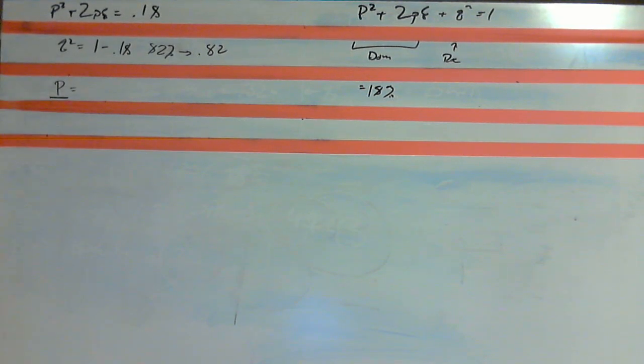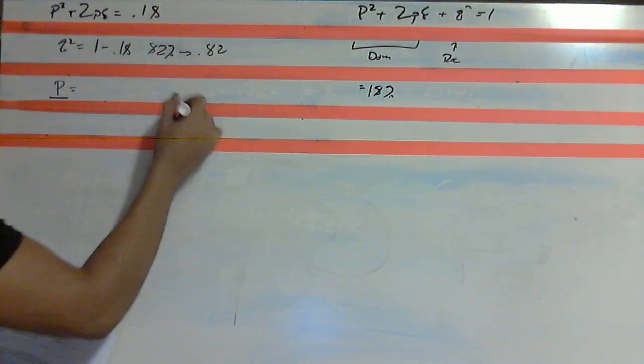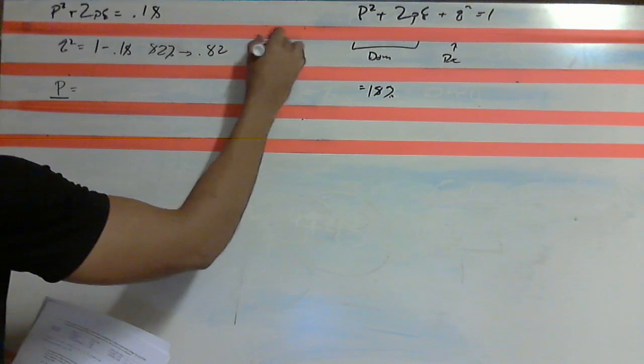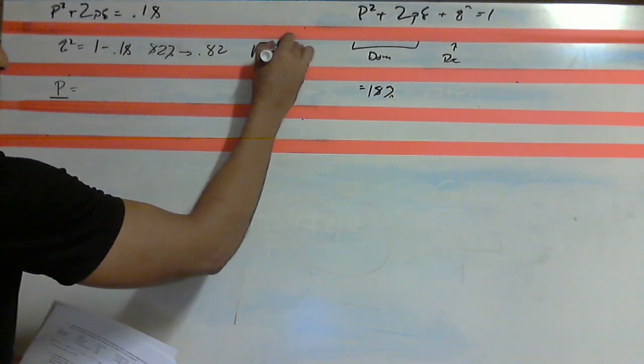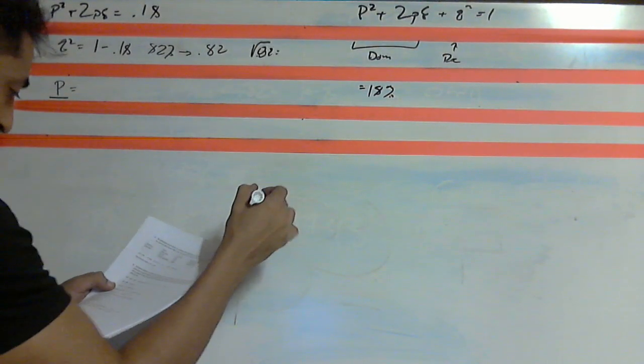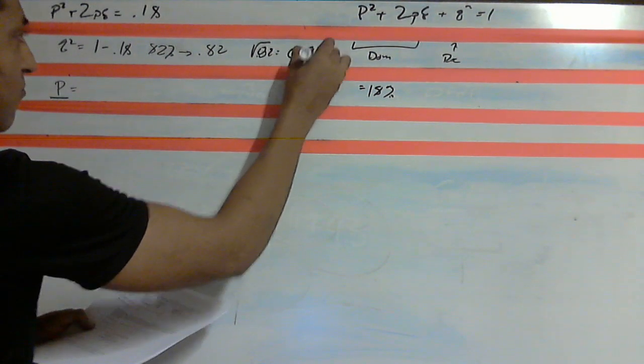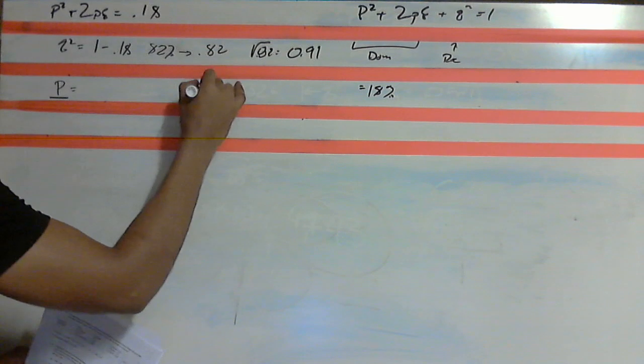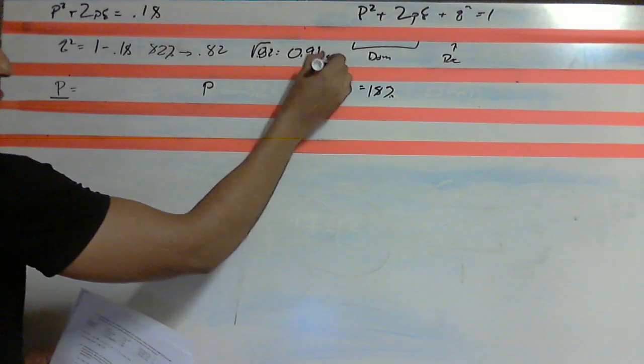We can give them what p equals. So we know q squared is 0.82. We can say q is the square root of that. Square root of 0.82 is going to be 0.91. So that's q.